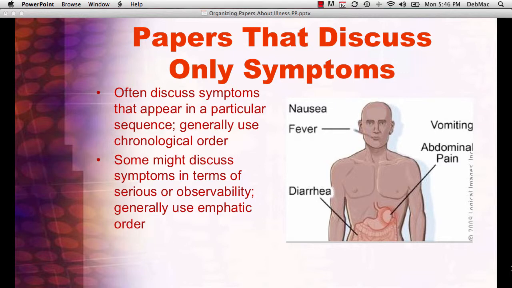On the other hand, some papers might discuss symptoms in terms of either their severity or how easily they're observed. And in that case, you would use emphatic order, with the least severe being discussed first and the most severe being discussed last, or the least observable being discussed first and the most observable being discussed last. And in that case, you would want to view the video on using emphatic order.